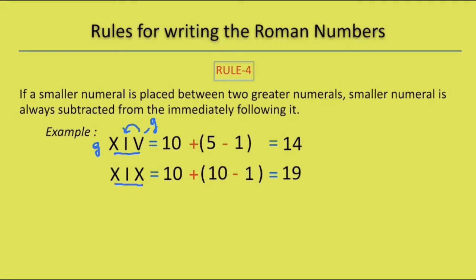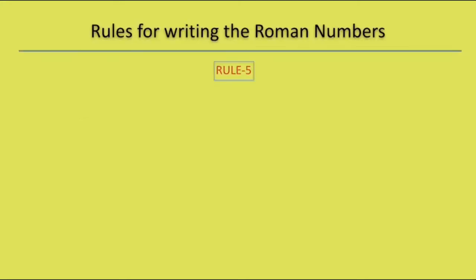In this example, XIX. Again, I is the smaller value. You need to subtract it from the immediate right side greater value. So 10 plus 10 minus 1 is 19.